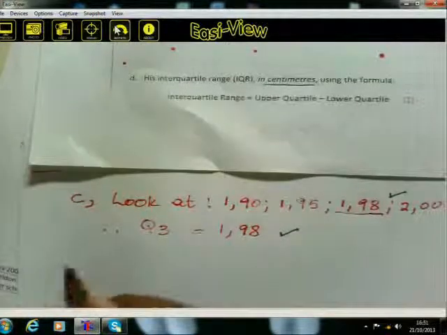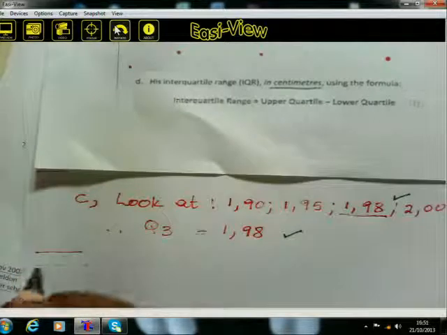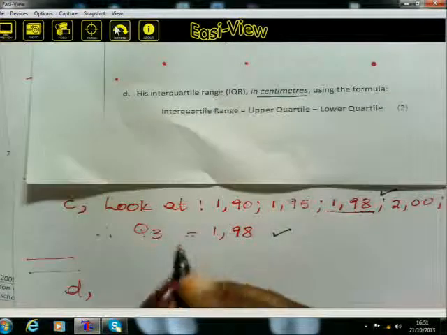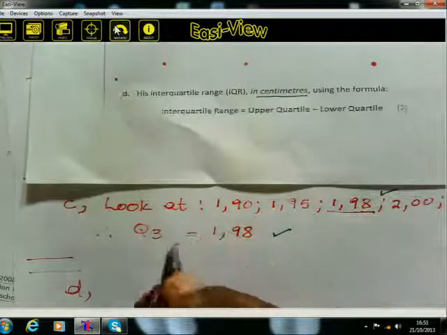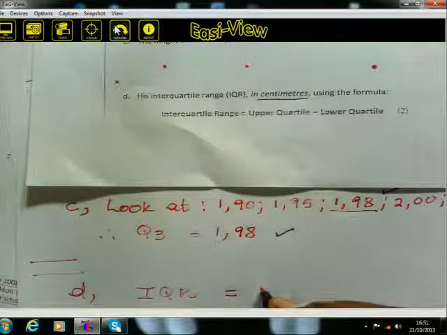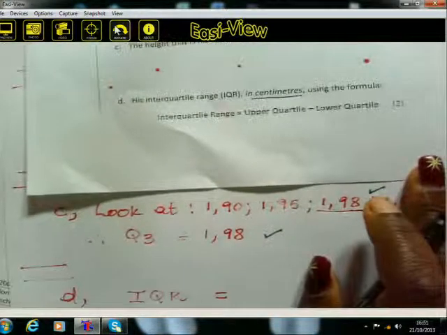We are answering number D. Remember, skip a line, very important. Then you go to number D. So we need the interquartile range equals upper quartile minus lower quartile. So that is a given formula.